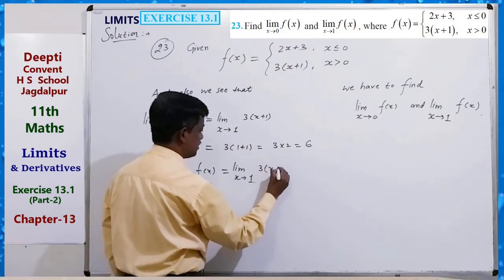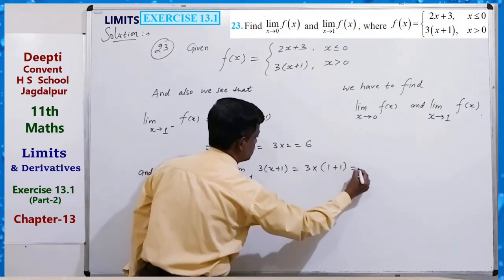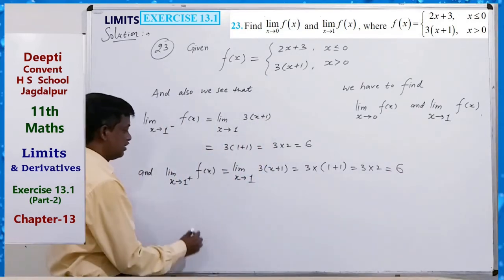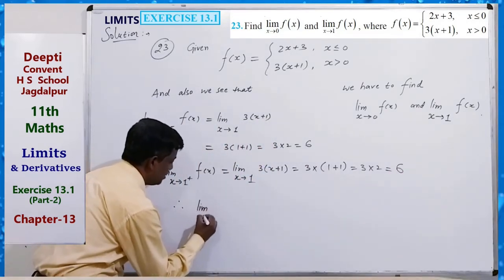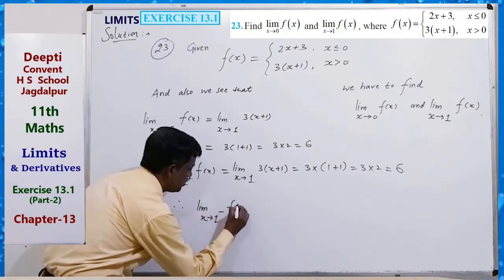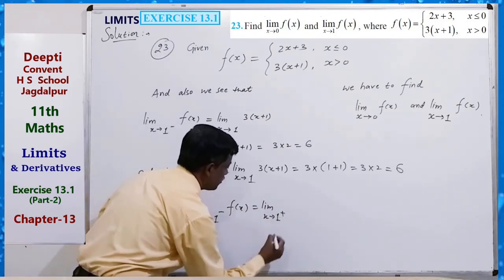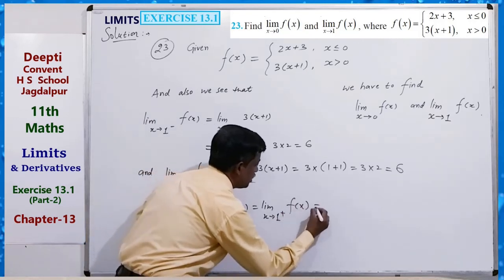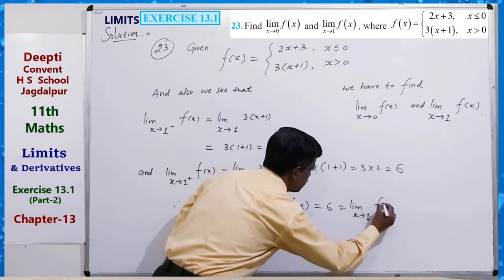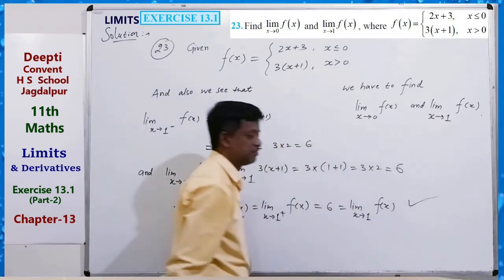So 3 times 1 plus 1 equals 3 into 2 equals 6. Therefore, the limit x tending to 1 from the left, and also from the right side of f(x), both are equal to 6. So the limit of f(x) as x tends to 1 is 6.